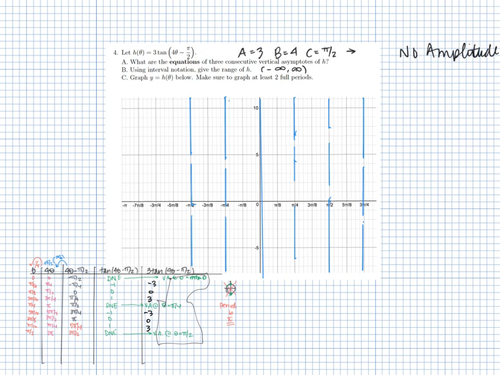So plotting our points, you can actually see that there are 32 segments in between a pi. So pi over 16 actually is right here, and that would be negative 3, 0, and then we go up to 3. And then the pattern just repeats itself. Negative 3, 0, 3, negative 3, 0.